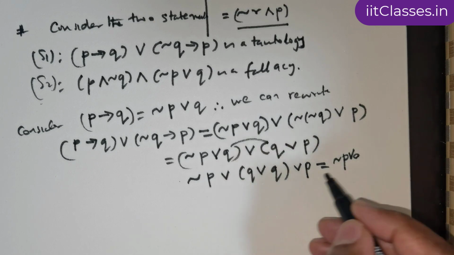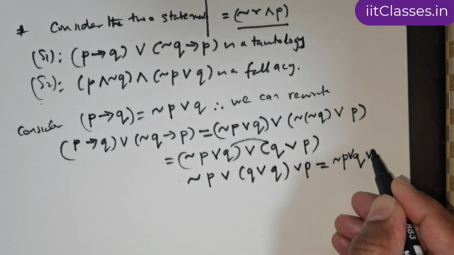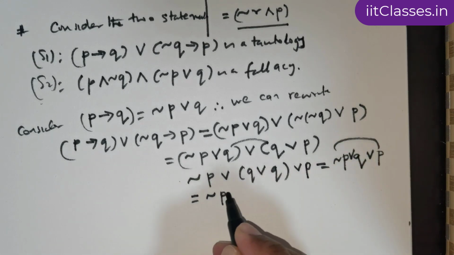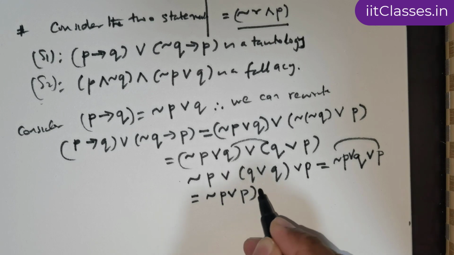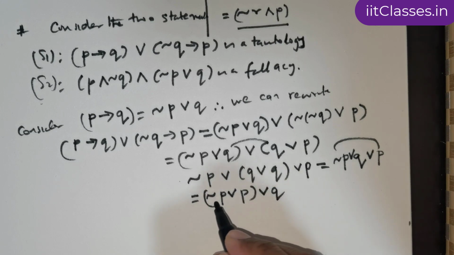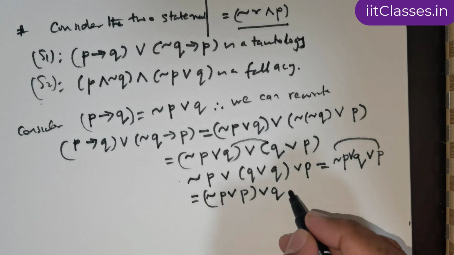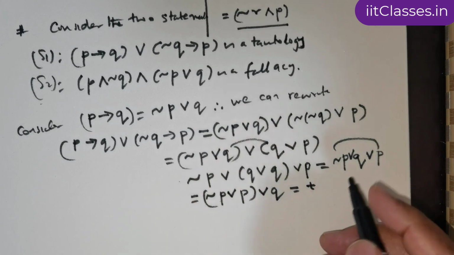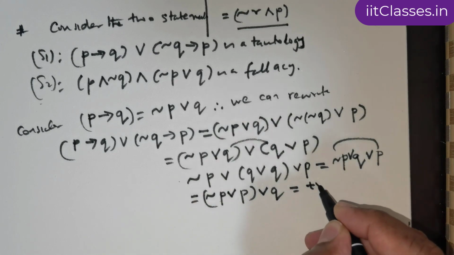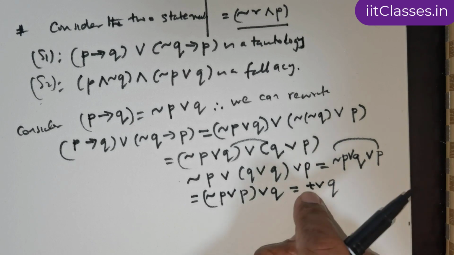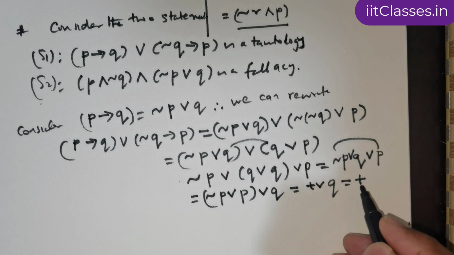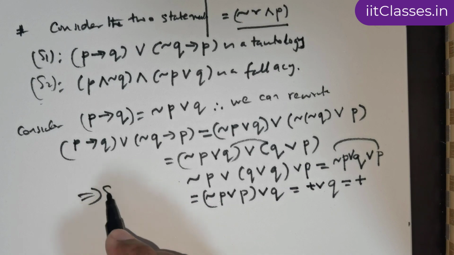As I mentioned to you, Q union Q is going to be Q, followed by union with P. Now I'm going to club these two together. So this is going to be negation of P union P union Q. Now what is negation of P union P? This is nothing but tautology, which we have already seen. It's a formula, we have already seen that. So this union Q, what happens to the universal set uniting with any other set? This is going to be resulting in a tautology, which in turn means a universal set. So clearly our S1 is true.